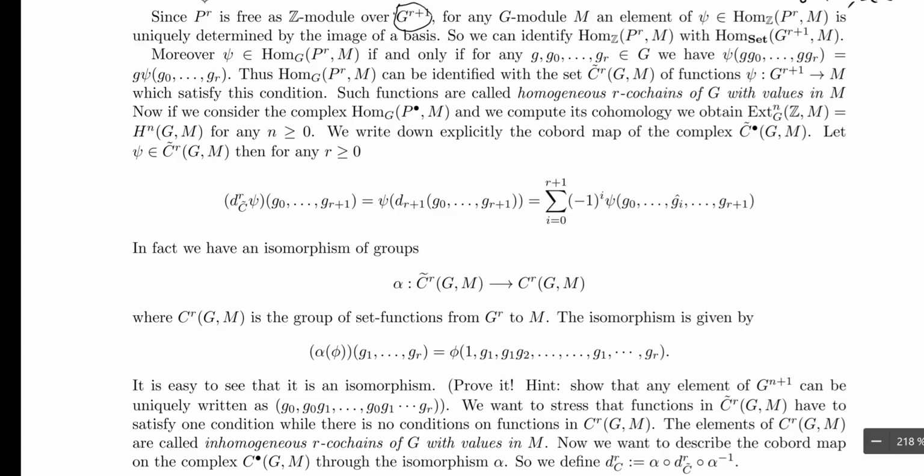So if you just consider it as a Z module, it's a free Z module with basis, and of course it's determined by its image of the basis.